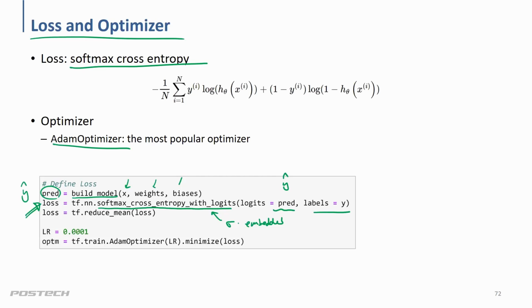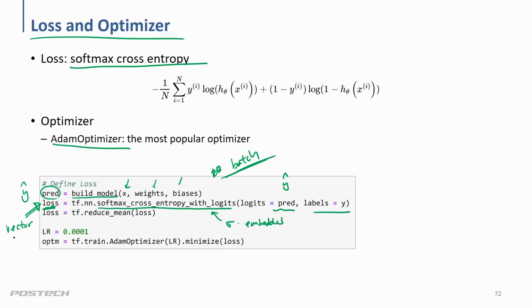And here again, I'm going to use the batch. So this one is a vector, because I'm going to get more than one sample in a batch to compute it.